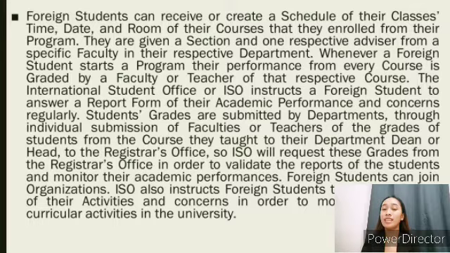And in order to validate these reports of the students and monitor their academic performance, foreign students can join organizations. ISO also instructs foreign students to create a report of their activities and concerns in order to monitor their extracurricular activities in the university.